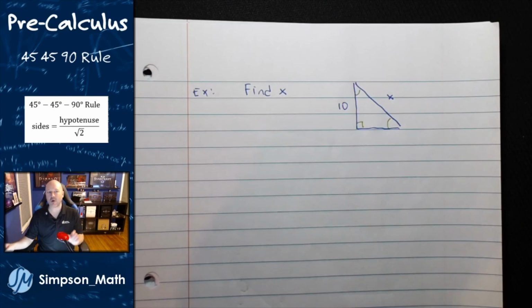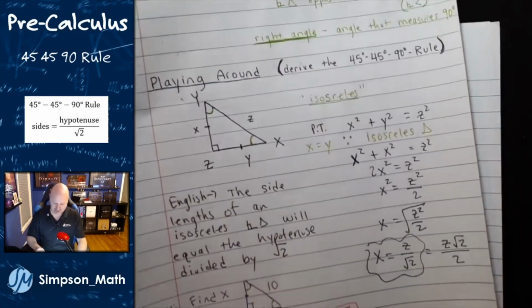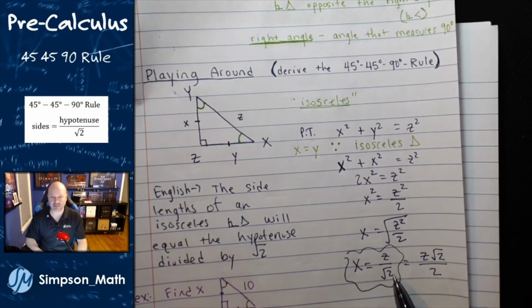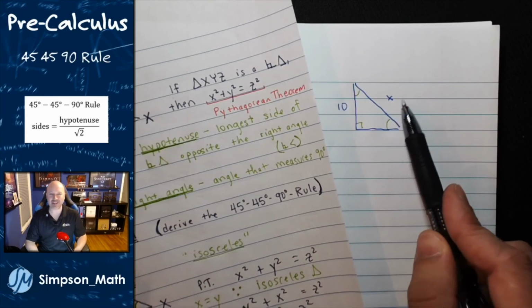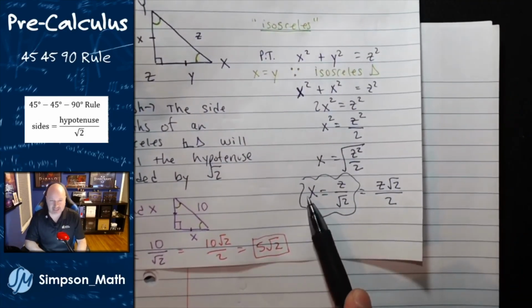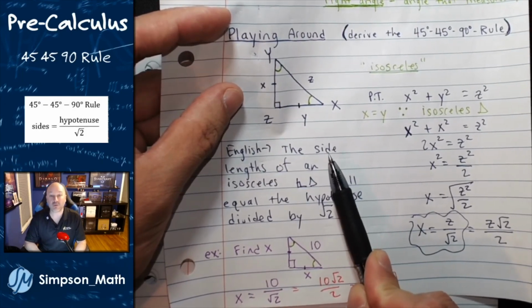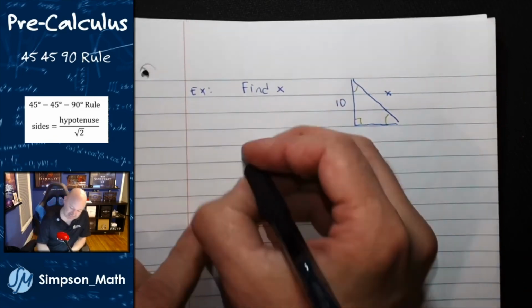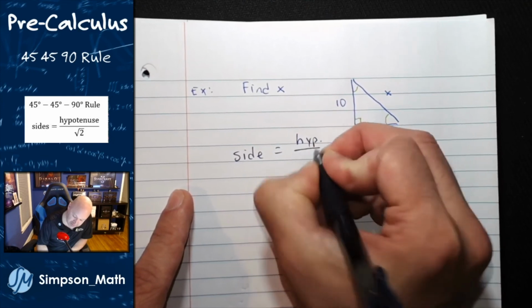Well, notice what I have written above me, the 45-45-90 rule, does not mention variables, because if I tried to use this formula that said x is equal to z divided by the square root of 2, this is not that same x. This x are the sides. It's the sides of the isosceles right triangle.